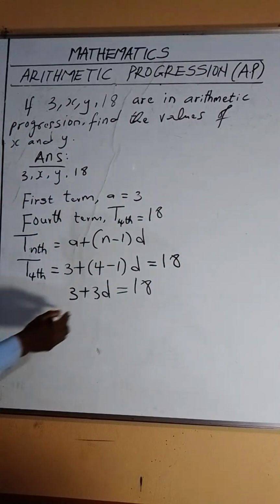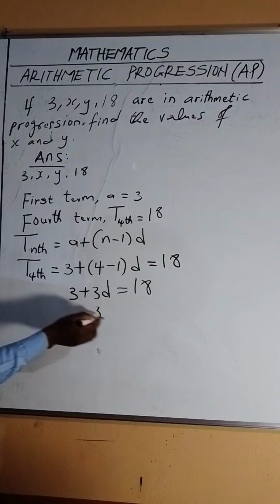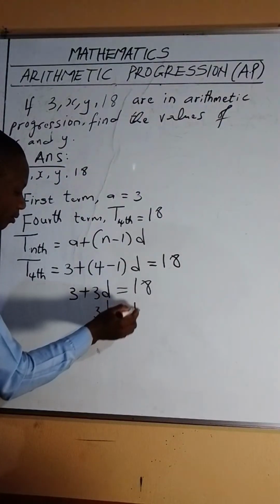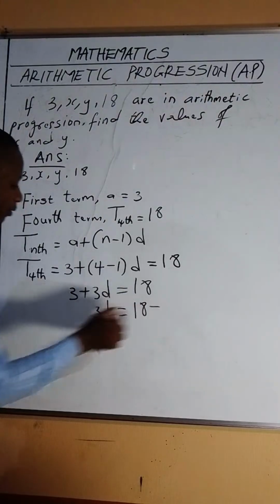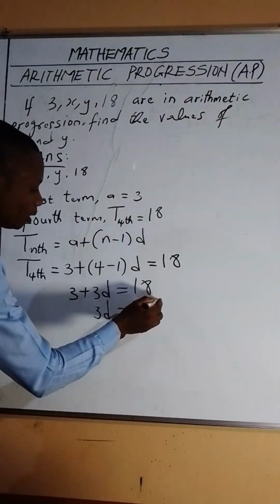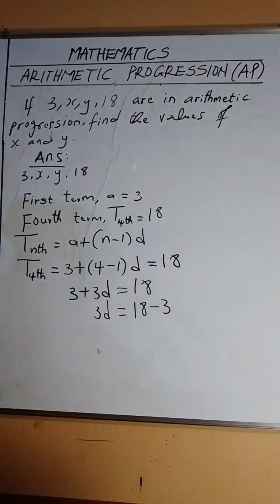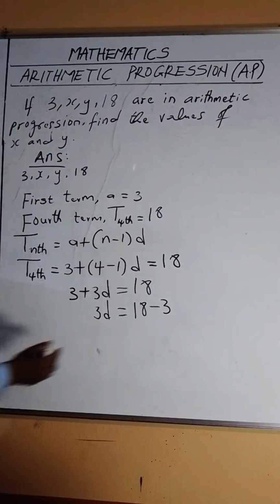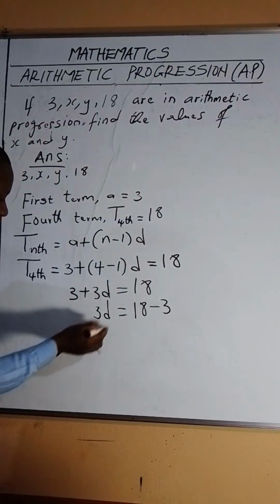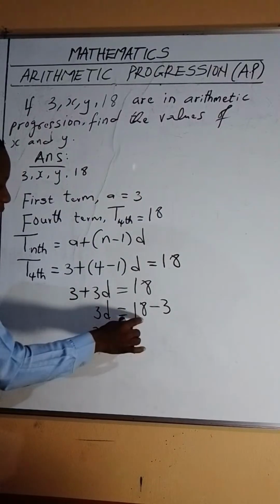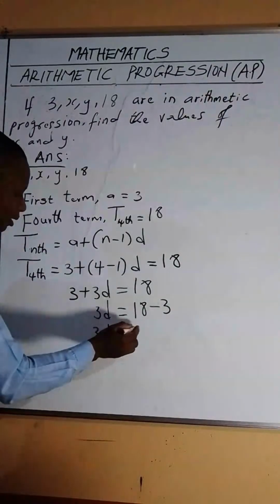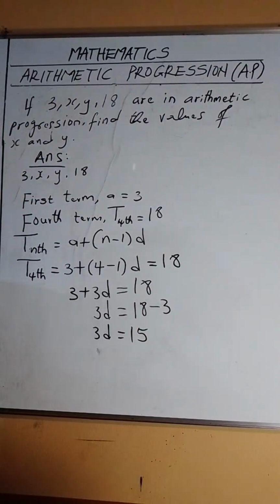If we do that, we are going to be left with only 3D equals 18, then minus, this is plus, okay? When it is crossing, it changes to what? Minus. Then we are going to end up having 3D equals 18 minus 3, which is 15.